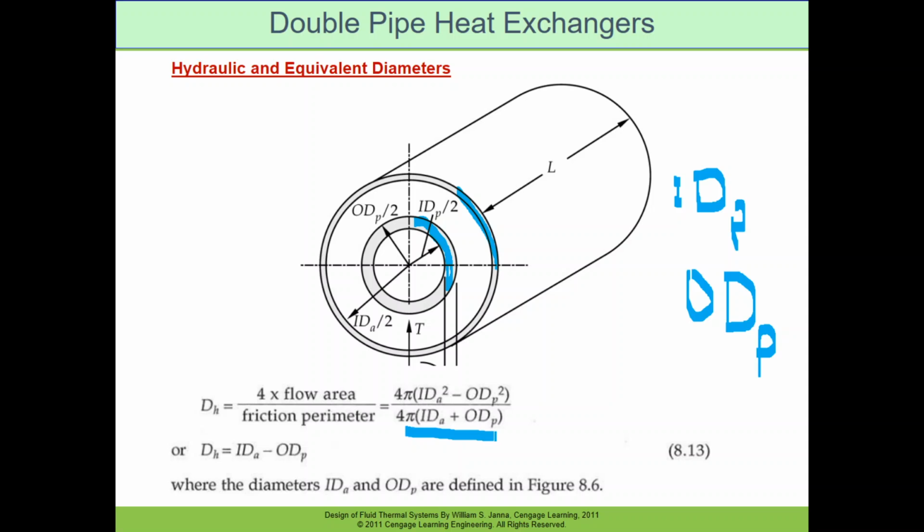Here we are summing up the two perimeters. This term can be expanded into two brackets, and one bracket will cancel out, leaving one bracket only. So this is our hydraulic diameter in the case of the annular space.